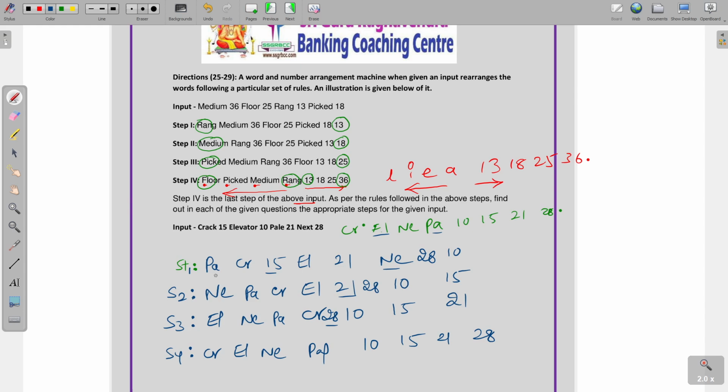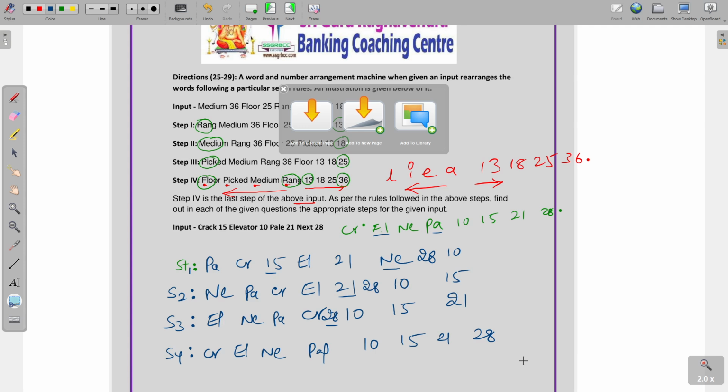So see step 1, pale, crack, 15, elevator, 21, next, 28, 10, and next step 2, next, pale, crack, elevator, 21, 28, 10, 15, and step 3, elevator, next, pale, crack, 28, 10, 15 and 21, and step 4, crack, elevator, next, pale, and 10, 15, 21 and 28. It is the final arrangement of the machine input.